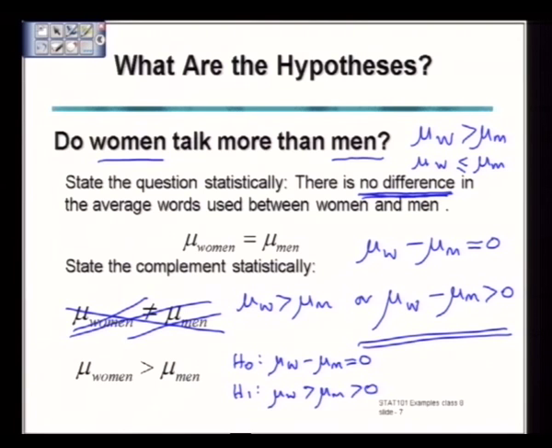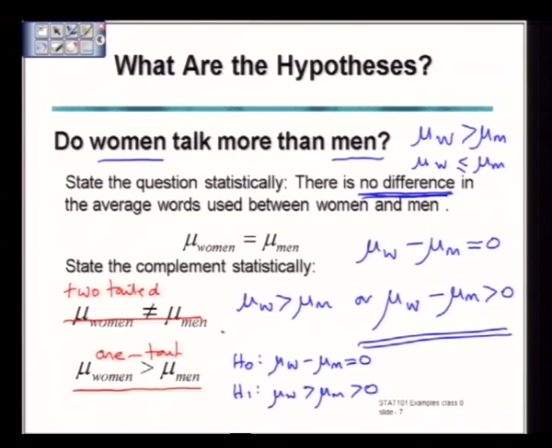So the important thing to note here is that this expression on the right-hand side that I've crossed out here, this is a two-tailed hypothesis. It means we're concerned with both ends. The second, the one that we're using here, is a one-tailed hypothesis. And we've seen a little bit about the difference in those two things and how we look at rejection regions. We're doing a few more of those in this examples class.